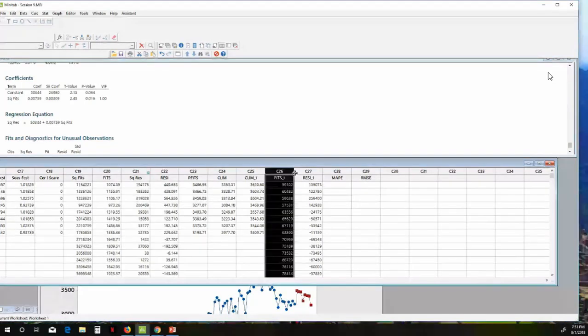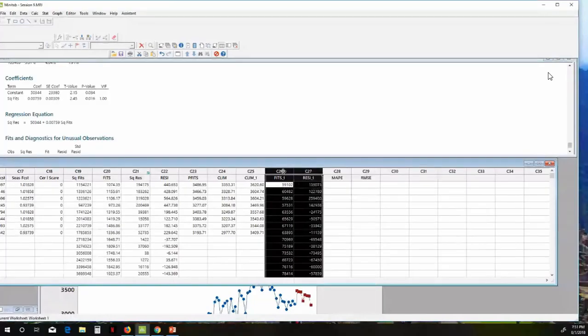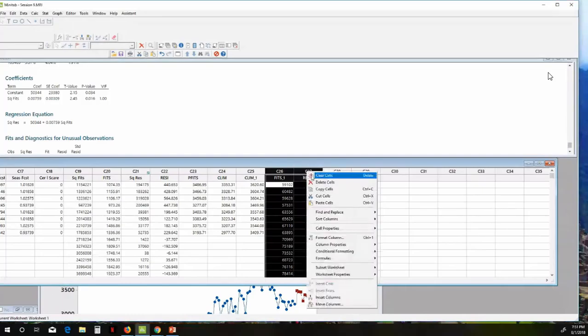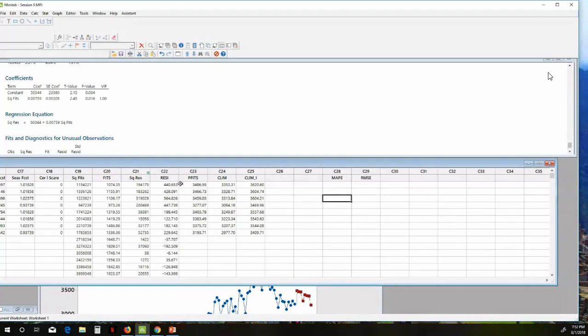These are from that last little model run, from the heteroscedastic model. Let me see if I can clear cells. There we go. If I can take these residuals that we got from our model and calculate MAPE and RMSE from them, let's try it.